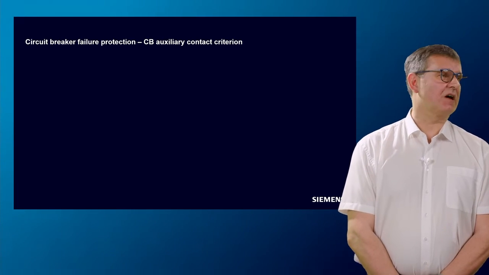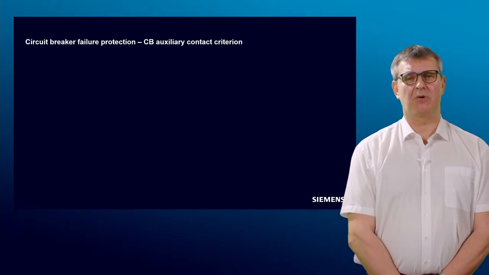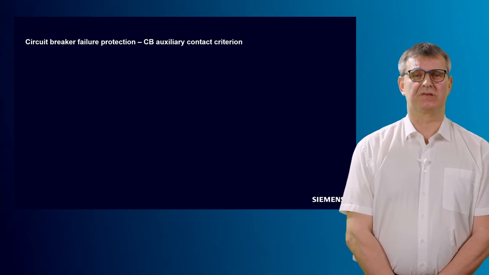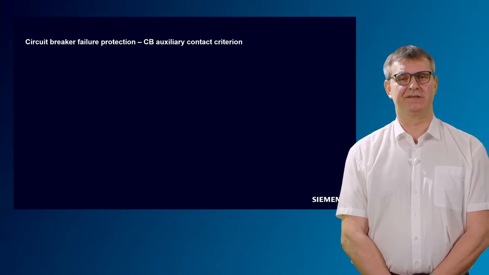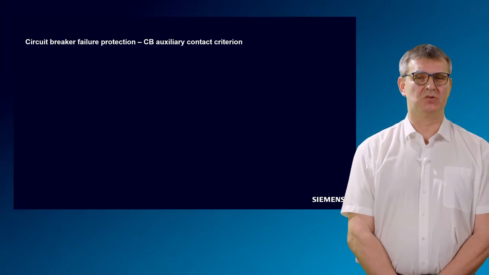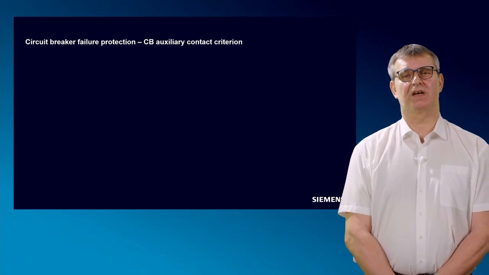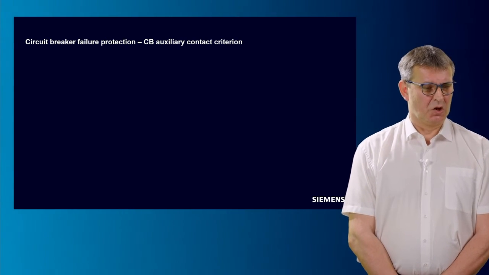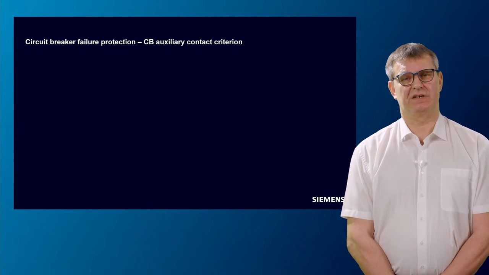The circuit breaker auxiliary contact criteria, for those who are still living a little bit in the wording of the 7SS52, was called the low current mode of the circuit breaker failure protection.